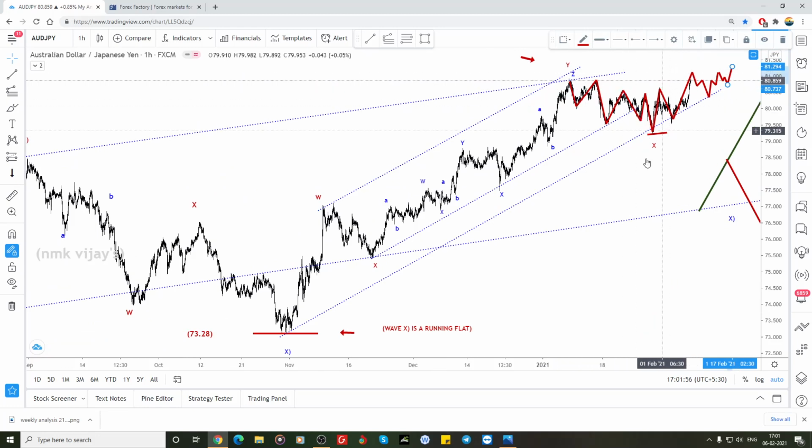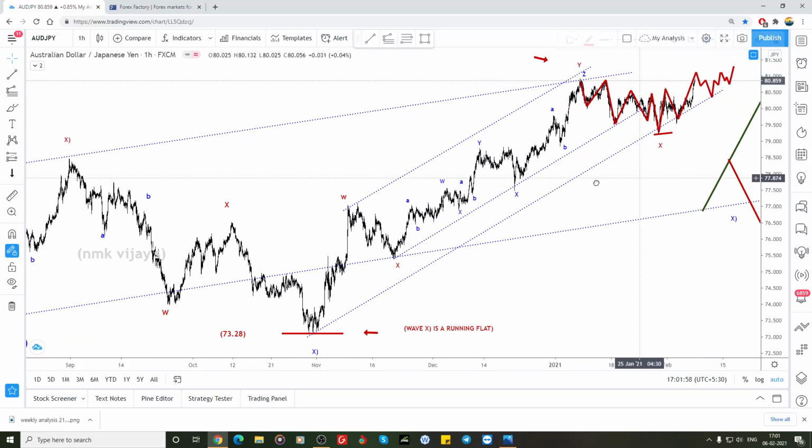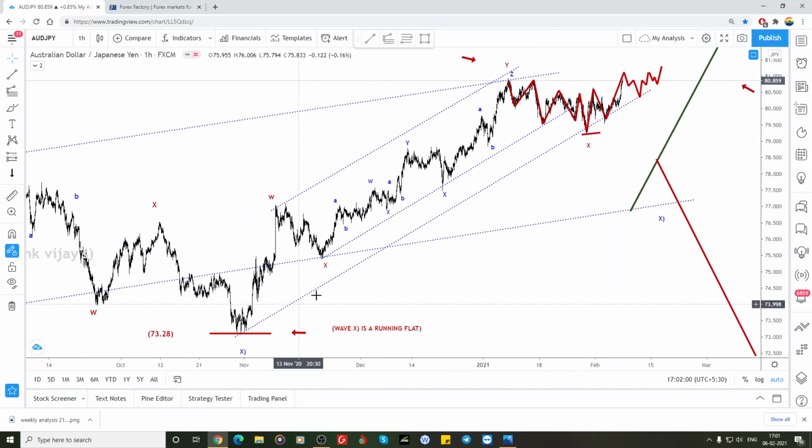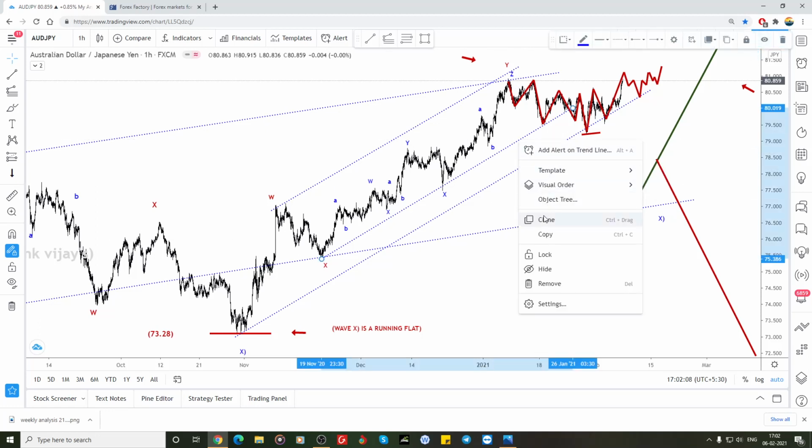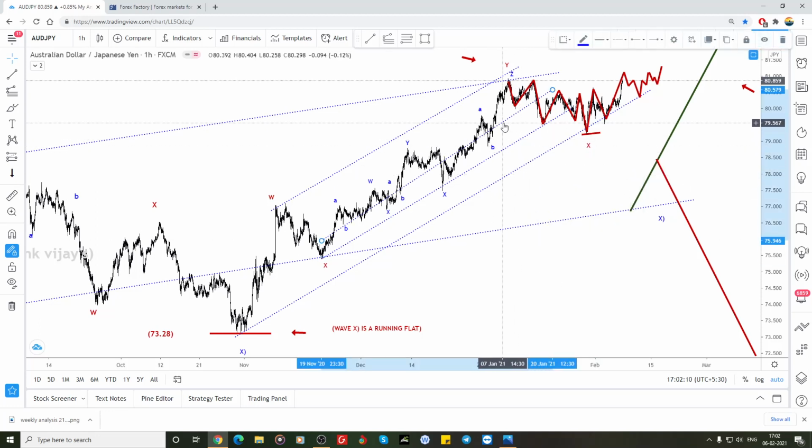So still upwards. From here, if it breaks this channel, it's simple, see here, just join the channel and clone that, place that, right?